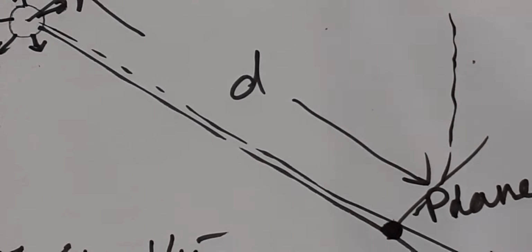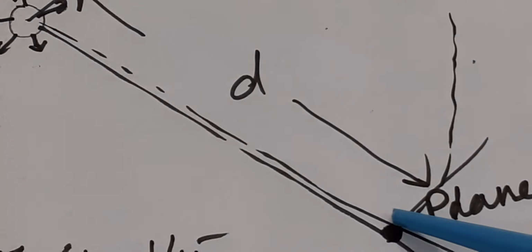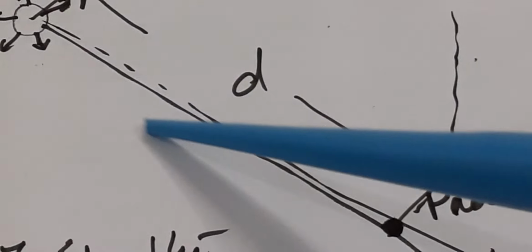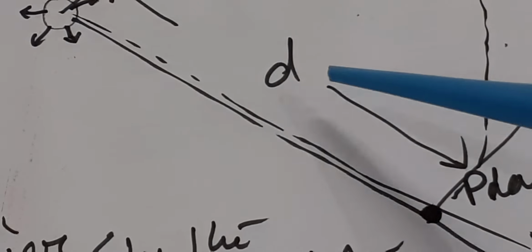You can see this is the sun, and this distance is small d between the sun's center and the planet's center. From the sun, it radiates energy in all possible directions, I mean all through the surface area, that is 4 pi r square, 4 pi d square, d is the distance between them. Now a very small amount of energy is coming on this, and we can assume that 50% of the planet's surface will receive this energy.